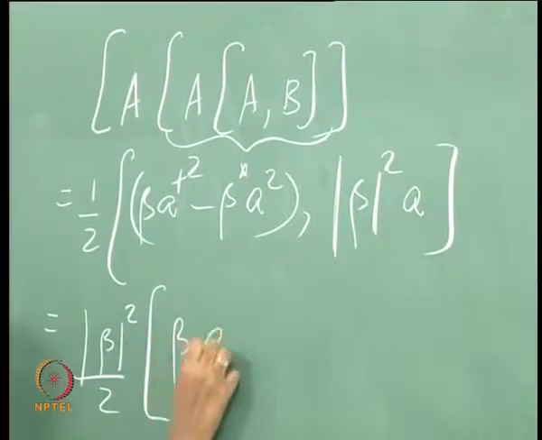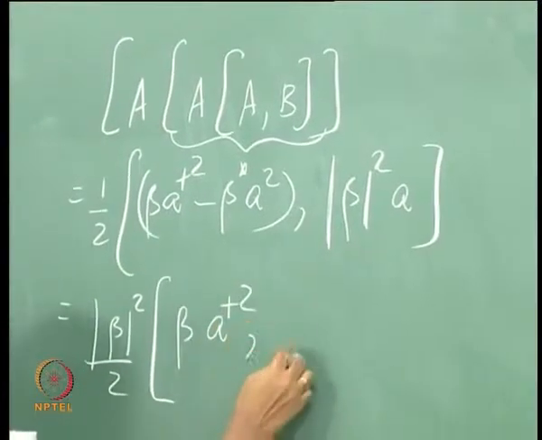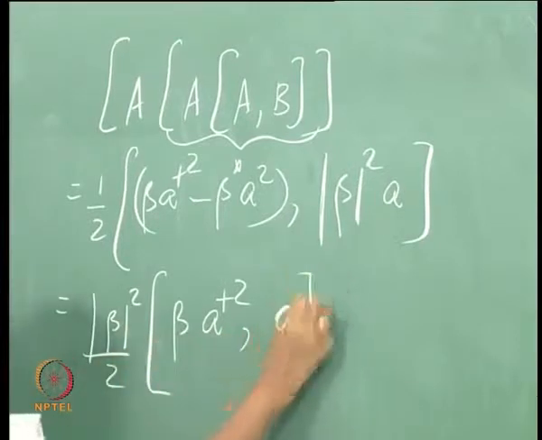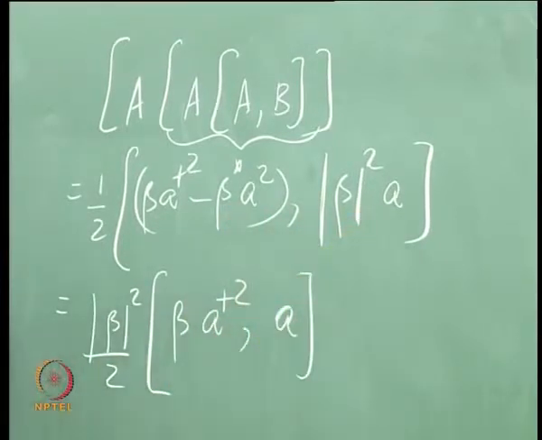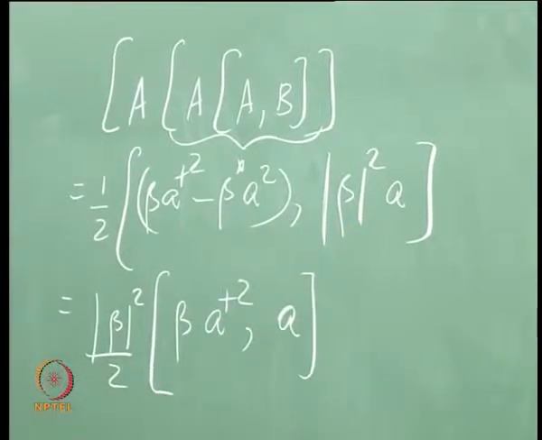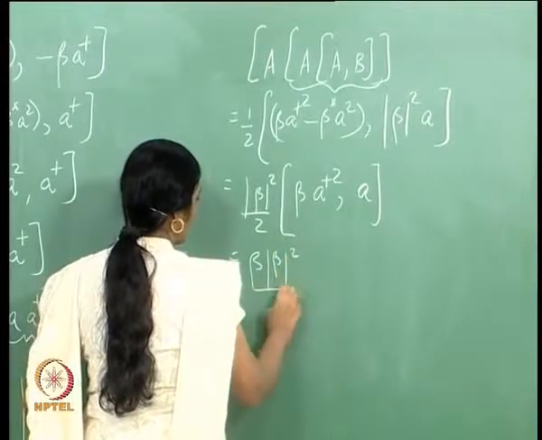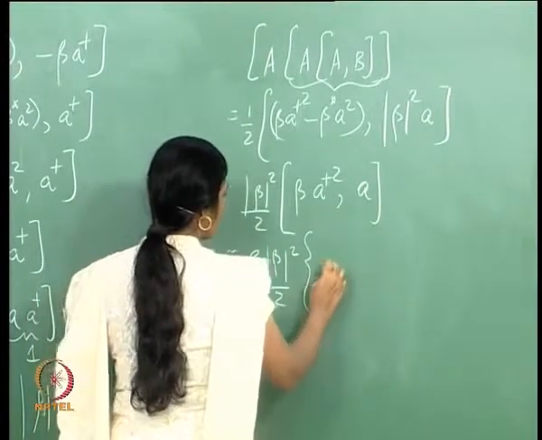The first term is the commutator of beta A dagger squared with A, because I have pulled this one out here. The second term does not contribute because A squared commutes with A. This gives me a beta mod beta squared by 2, and again I use the ABC rule.